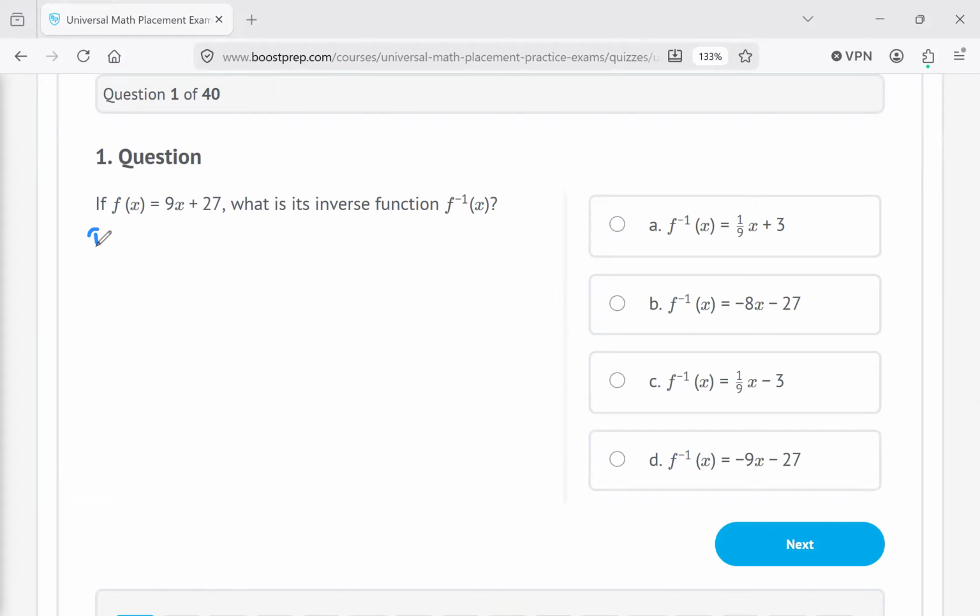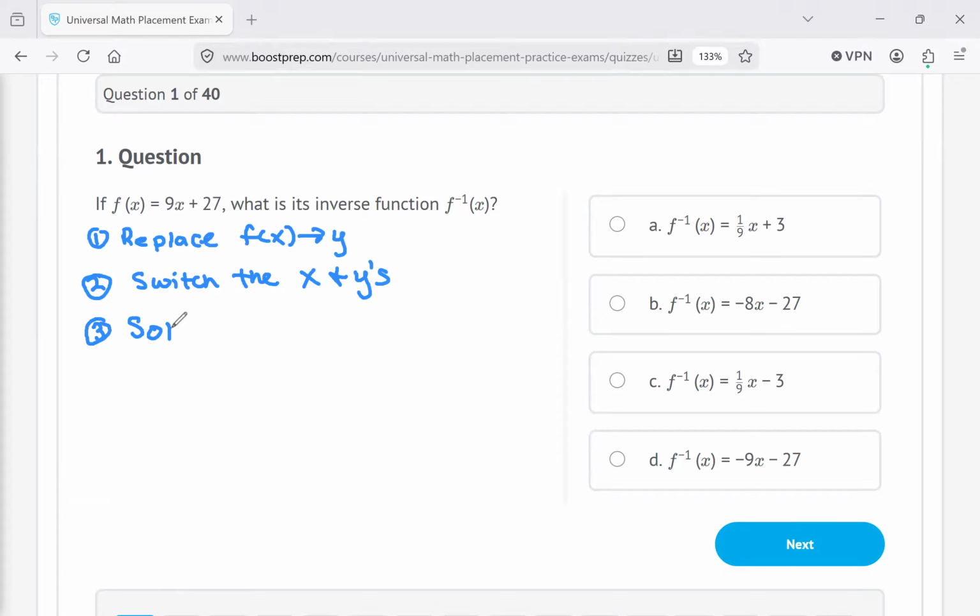what I would do is replace f of x with y. That's the first step. Step 2, switch the x and y's. Step 3, solve for y.